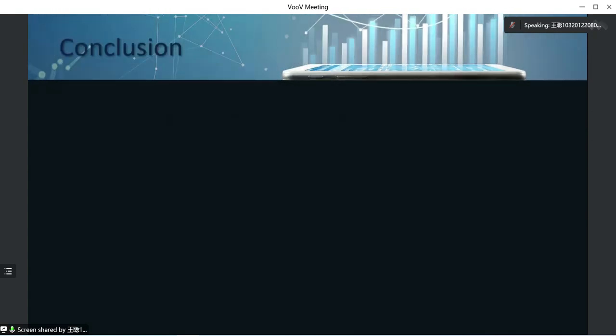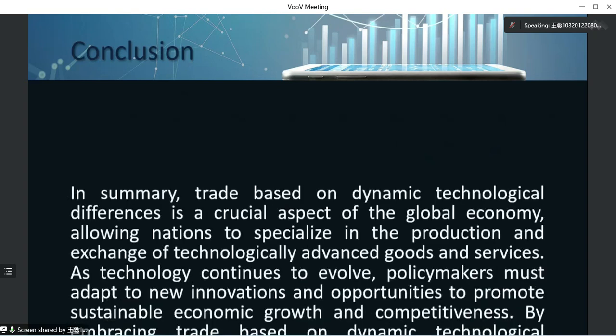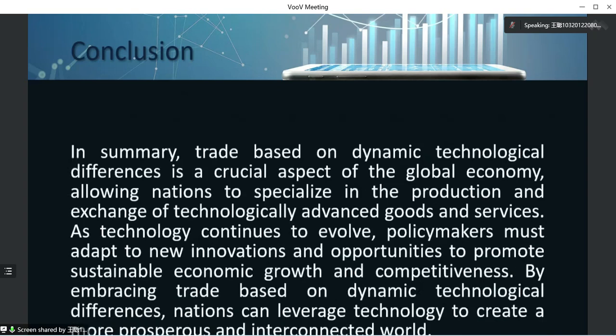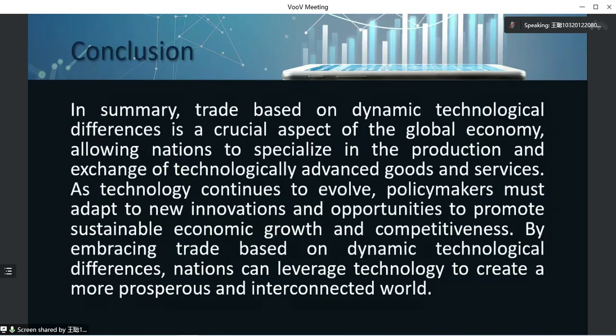To conclude, trade based on dynamic technological differences is a crucial aspect of the global economy, allowing nations to specialize in the production and exchange of technologically advanced goods and services.